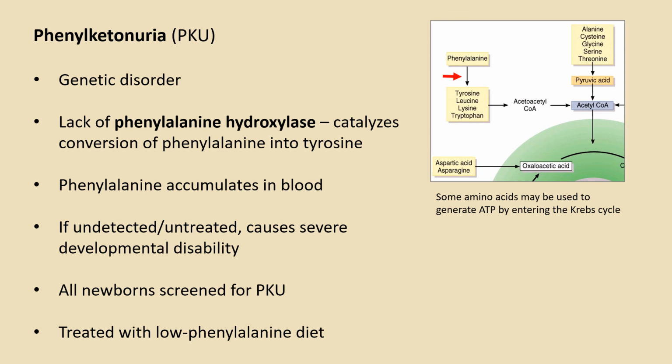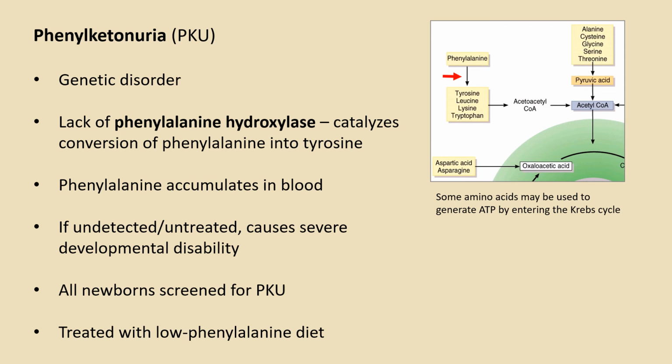Phenylalanine is one of the 20 amino acids that our cells use to synthesize proteins. PKU is a genetic metabolic disorder. A person is born with it, and they lack a particular enzyme that allows cells to use the amino acid phenylalanine as a fuel source for cellular respiration.